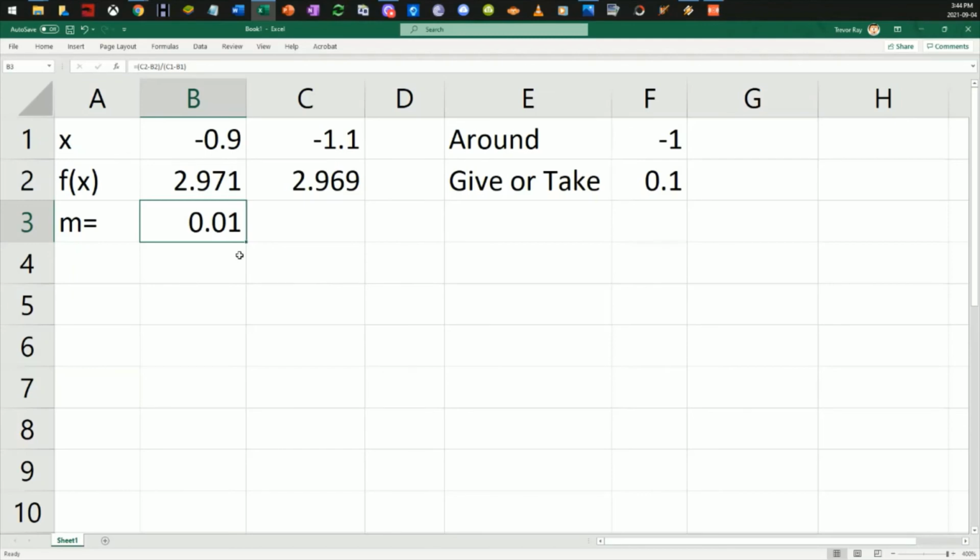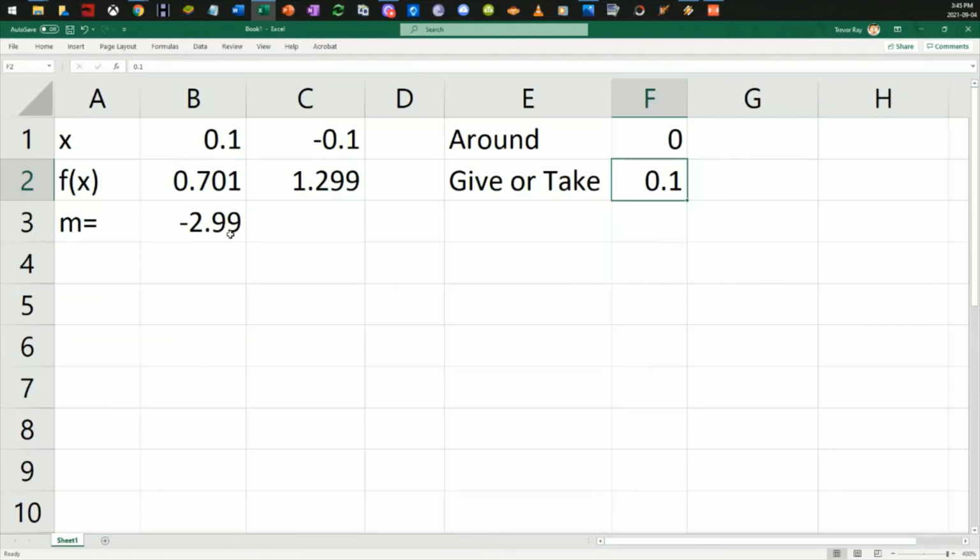algebraically. But I can also now really quickly just say, okay, well, what is it around the point x equals 0? And when I enter that in, it changes all the information. I'm still going plus or minus 0.1. It's still doing the x values, 0 plus 0.1, 0 minus 0.1. It's still calculating f of x at those points, and it's still finding the slope based on that.